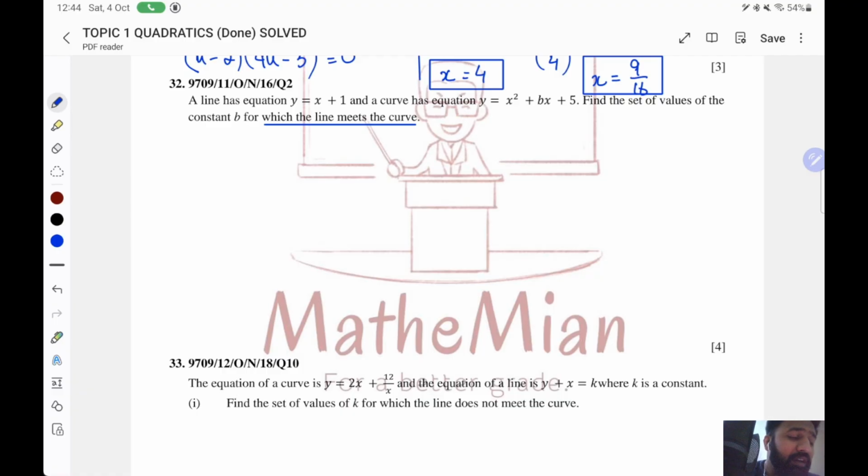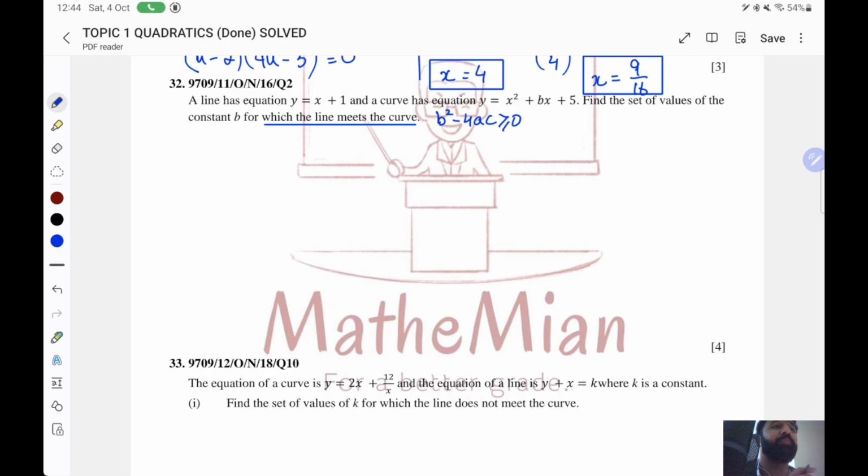So whenever he asks such a scenario, you always put b square minus 4ac greater than or equal to 0. Do you understand? In the previous questions, he either says that the line and the curve meet at two distinct points, or that they are tangent to each other.